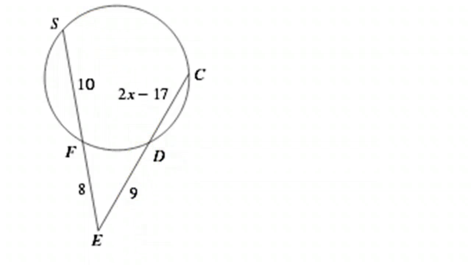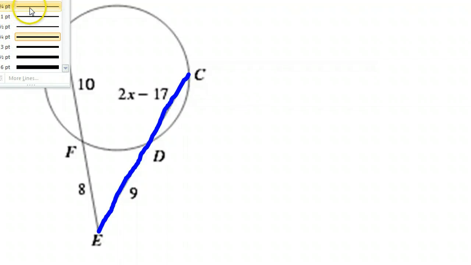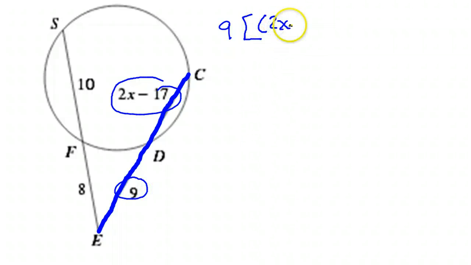Looking at this secant segment, the part is the outer part here, so that's going to be 9. Now the whole is going to be the sum of this and this. So that's going to be 2x minus 17 plus 9.